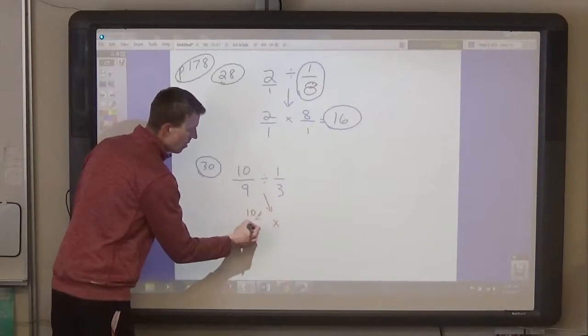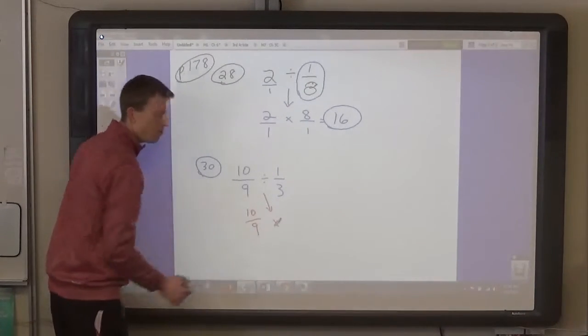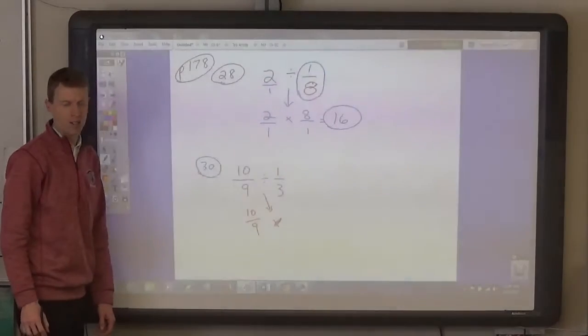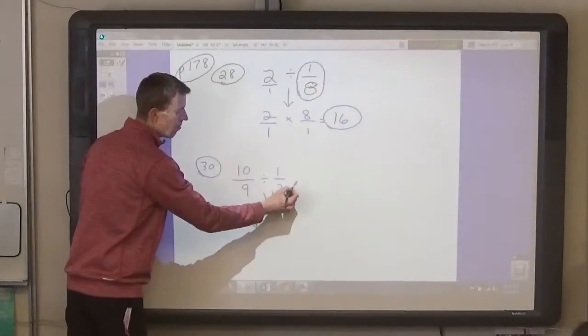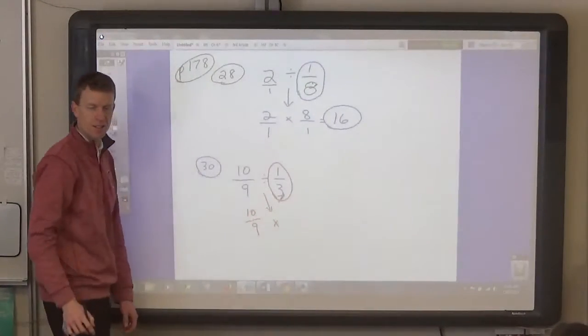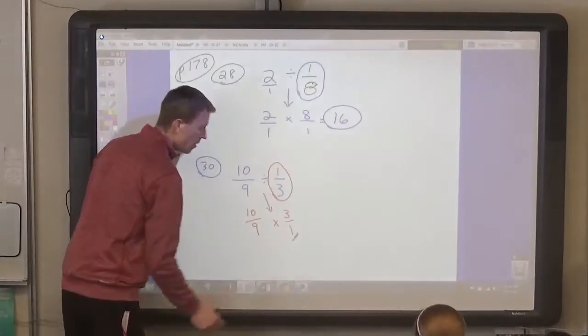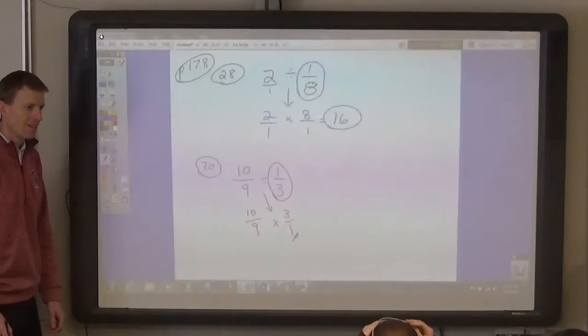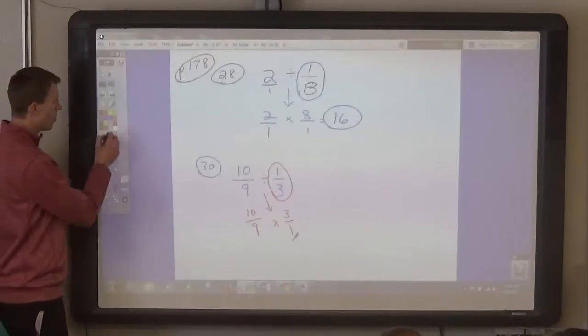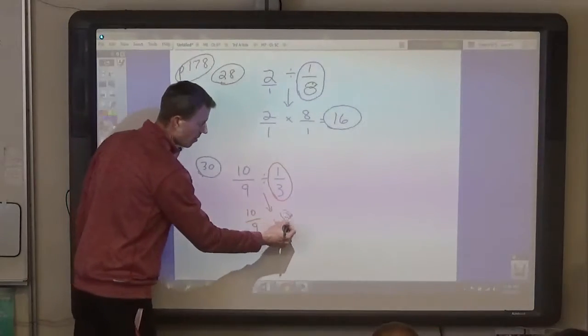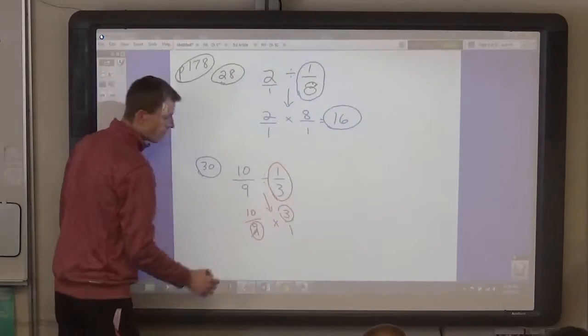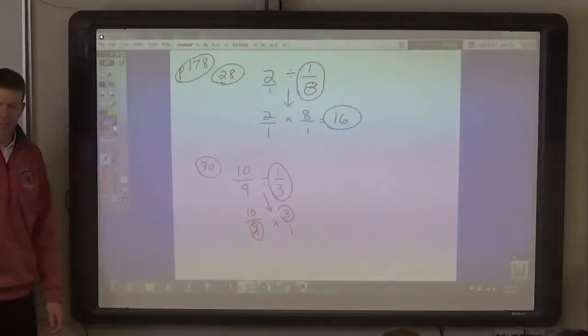So it's 10/9 times. And then what would we do with the second one, class? Flip it. Flip the second fraction, 3 over 1. Now, don't forget to look diagonally. Can we reduce 3 over 9?